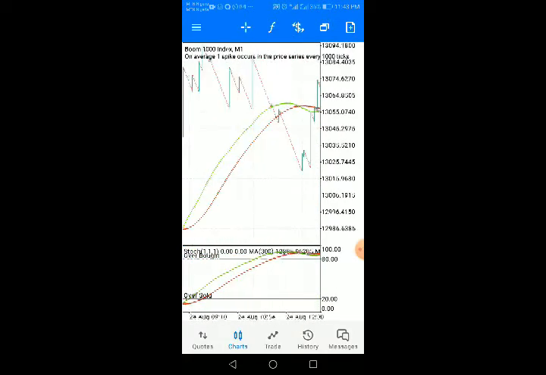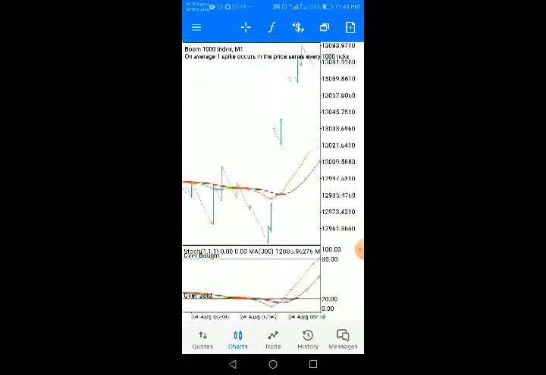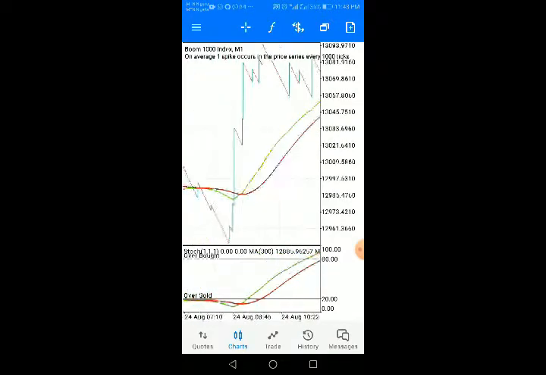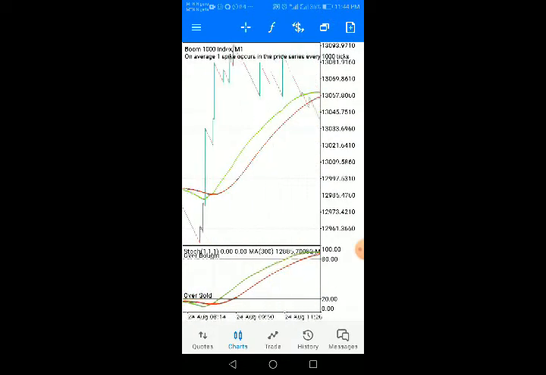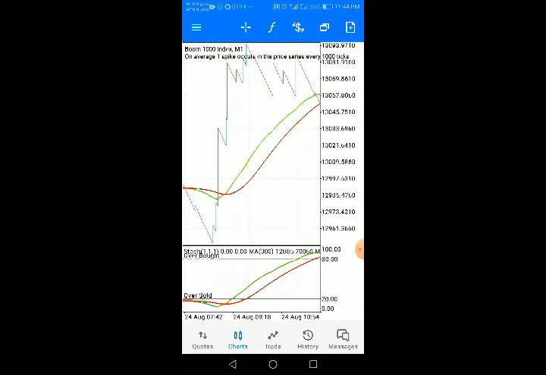So let me see if this one is also a good one. Yeah, it's also a good cross, a very confirmed cross. So for buy, this is a buy signal. Here the green crossed above the red below level 20. You understand? And we can see on the main chart too, the cross has taken place.